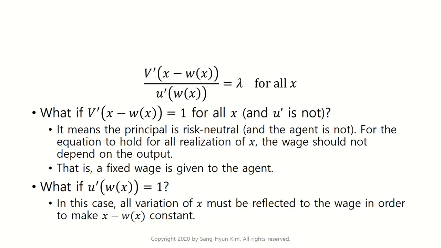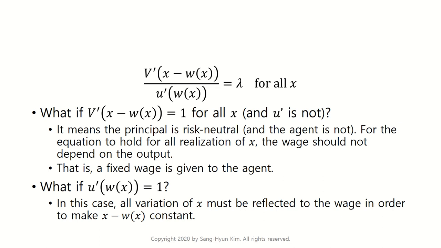That's the idea of the selling the firm contract, and that will be the case if the agent is risk neutral. If u prime is 1, which means the agent is risk neutral, then the optimal way to share the risk is that the agent takes all the risk and the principal takes no risk.